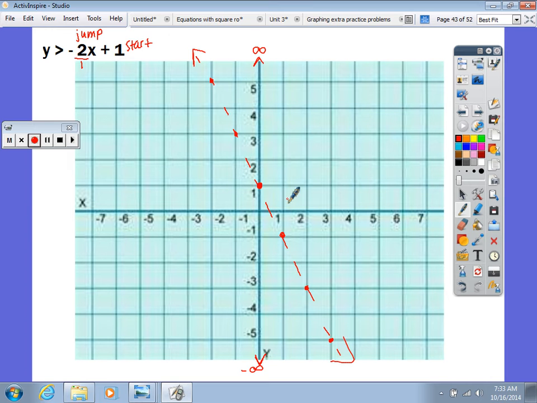So that means that this whole side of the graph would represent y's as it's getting bigger. Similarly, this whole side of the graph would represent y's as it's getting smaller. And that's because this half of the graph has negative infinity. This half of the graph has the positive infinity. So if we want greater, that means we want our greater y's, sorry. So where are our greater y's? Well, on this side. So I'm going to go ahead and shade.